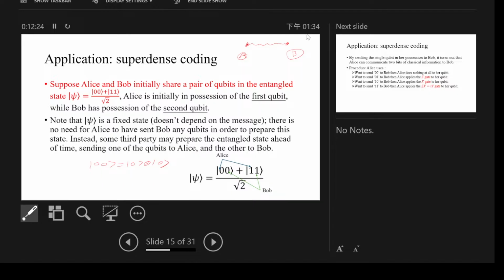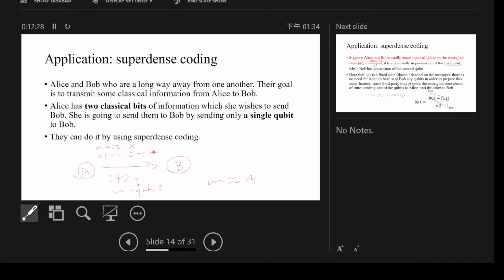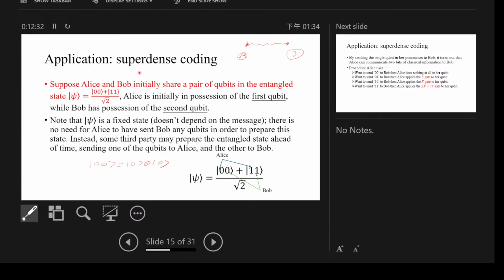When Alice actually has the message x she wants to send to Bob, they can start doing the superdense coding. That's the setup. You need this resource, entanglement between Alice and Bob, and this entanglement is going to be used when doing superdense coding.